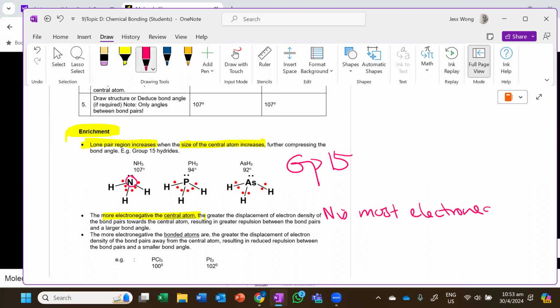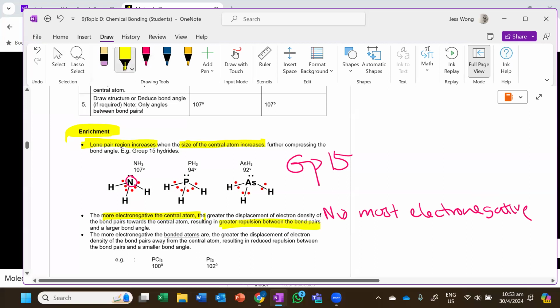Under these cases, there are a lot of electron regions here, right? And therefore, you will see a very great repulsion in nitrogen. You do notice a great repulsion between the lone pairs, the electron pairs of nitrogen, and therefore it will push the bond pairs away, and then you get a smaller bond angle.